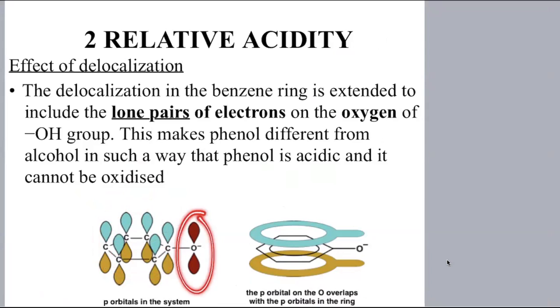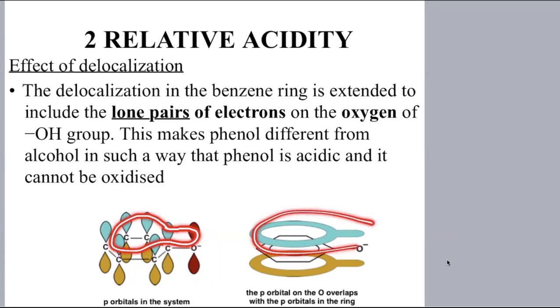The red one is one of the lone pairs of the oxygen, because this oxygen has 2 lone pairs, but it's okay, we just need one that is parallel or aligns or overlaps with the delocalized system in the ring. So instead of the delocalized system being a circle, we have a distorted circle like that. That's why you see this, and that happens above and below the plane. Okay, moving on.